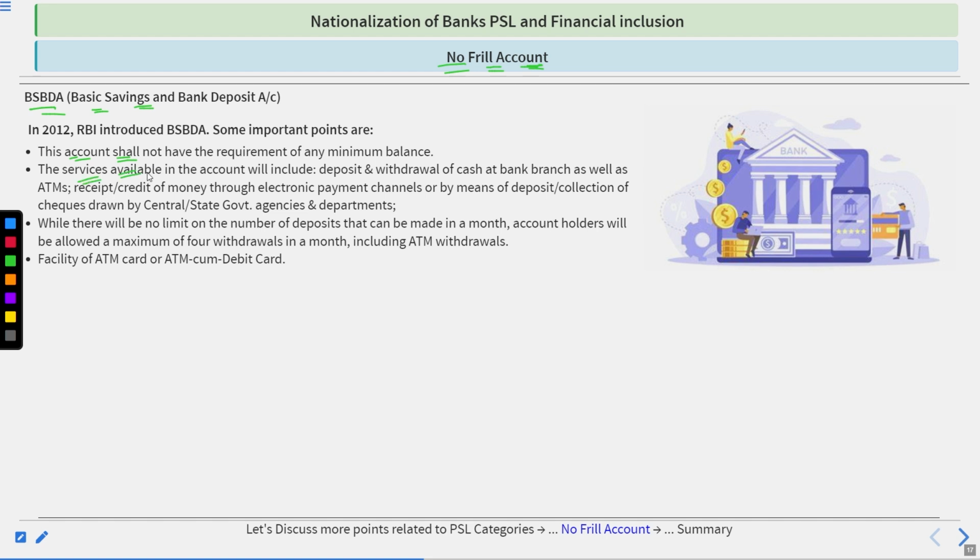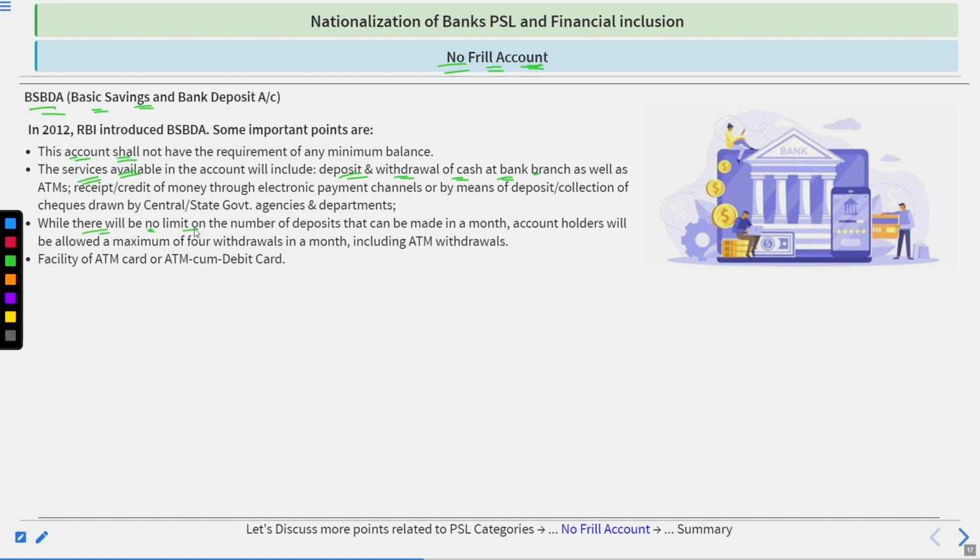The services available in the account will include deposit and withdrawal of cash at bank branch as well as ATMs, receiving credit of money through electronic payment channels or by means of deposit, and collection of checks drawn by central and state government agencies and departments.